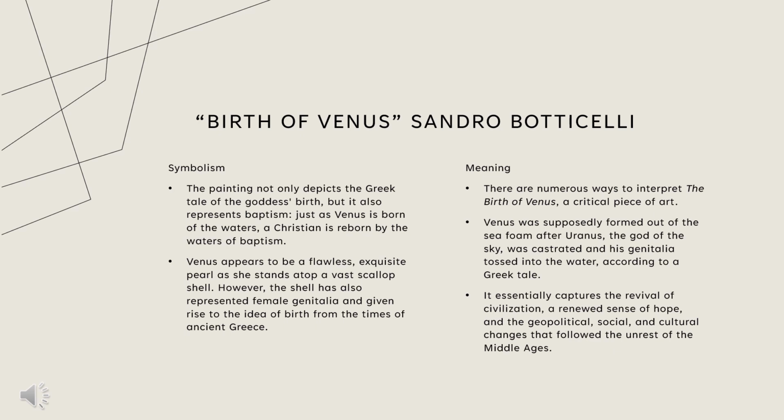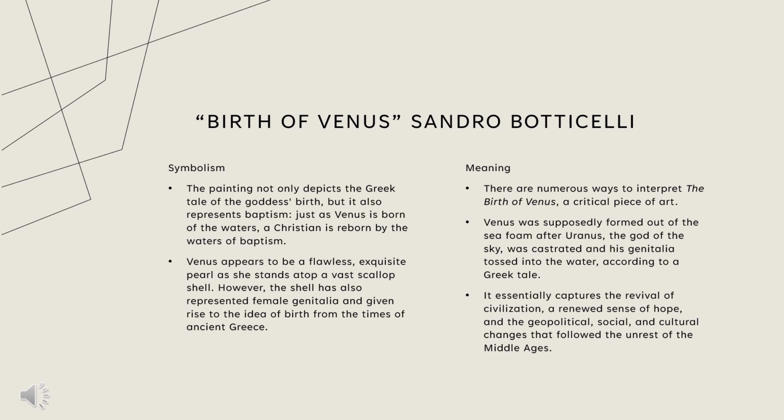The Birth of Venus by Sandro Botticelli has a lot of symbolism incorporated into the painting. This painting not only depicts the Greek myth of the goddess Venus's birth, but it also has a Christian symbolic view on it.